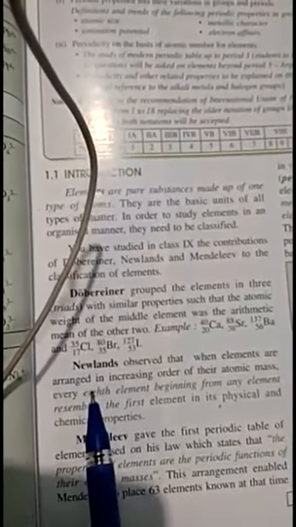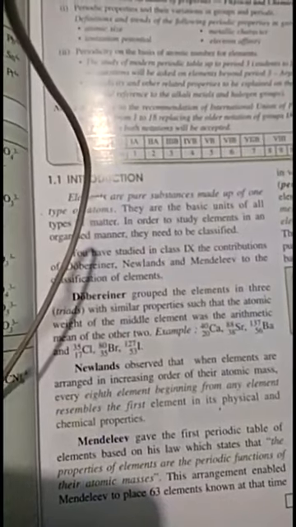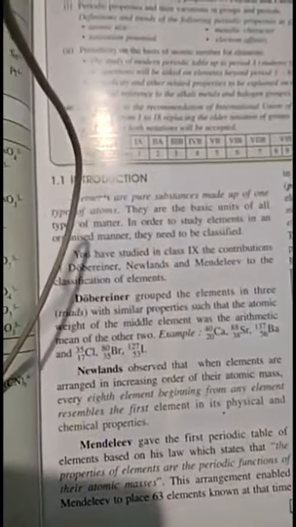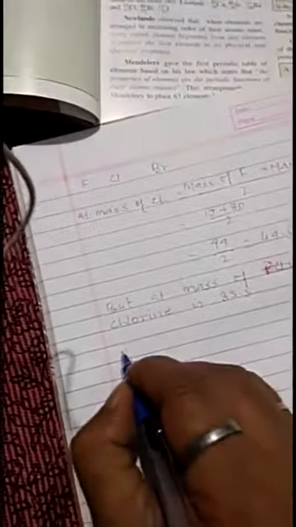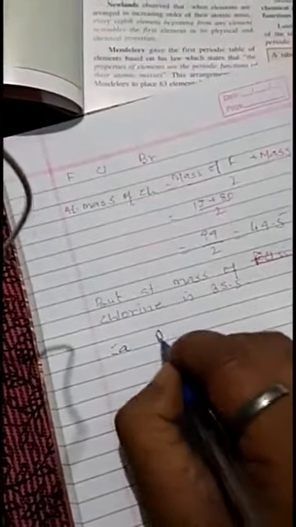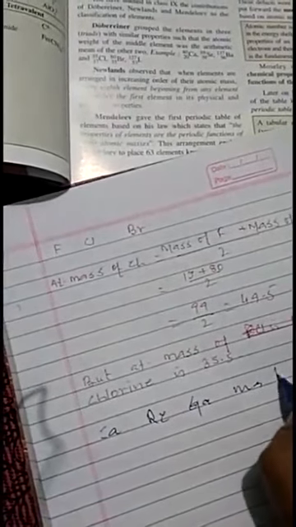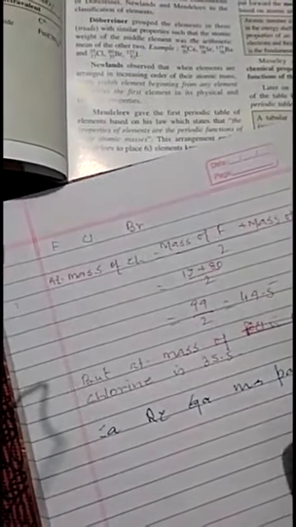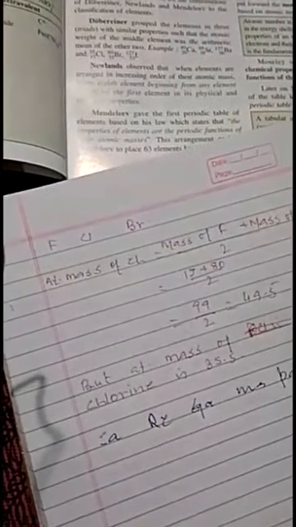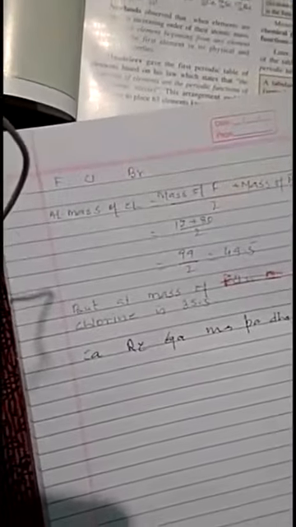He found that every eighth element, from wherever you start, he arranged it as the Indian musical notes like sa, re, ga, ma, pa, dha, ni, sa. He was a great music lover. He arranged the elements in increasing order of their atomic masses.